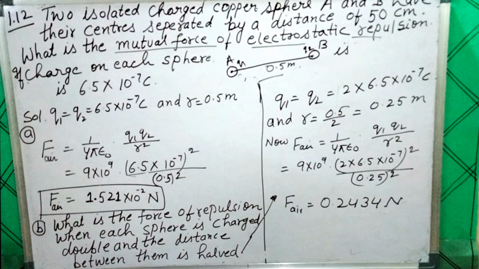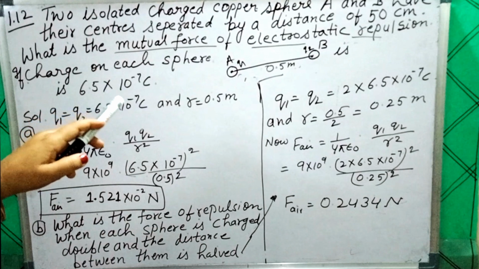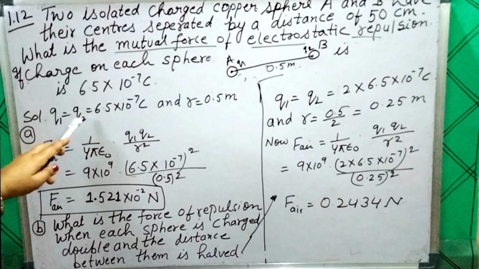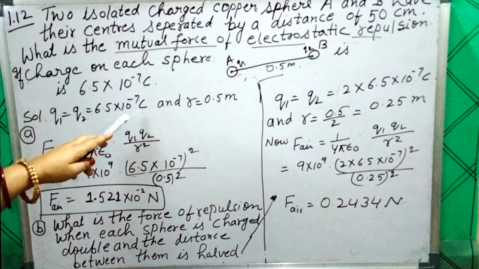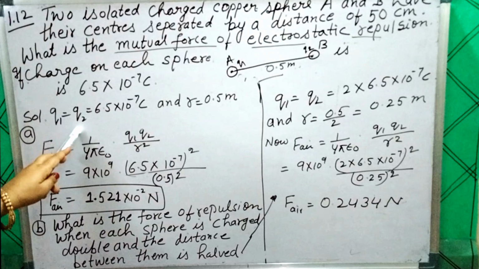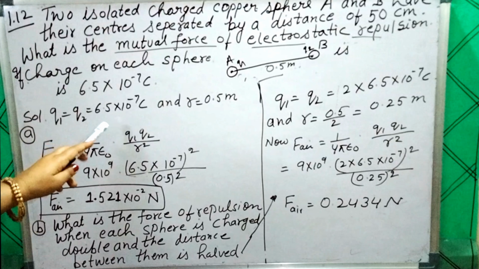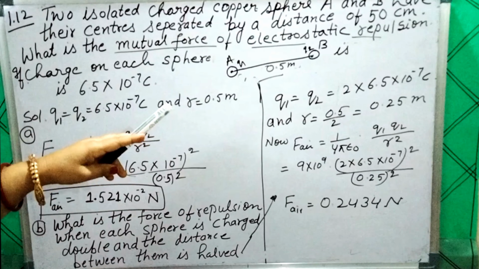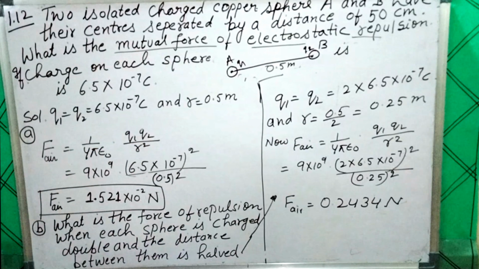Here two charges Q1 and Q2 located at the points A and B, and charge on each sphere is given as 6.5 into 10 to the power minus 7 coulomb. Means charges Q1 and Q2 are equal and separated by a distance 50 centimeter, that is 0.5 meter.